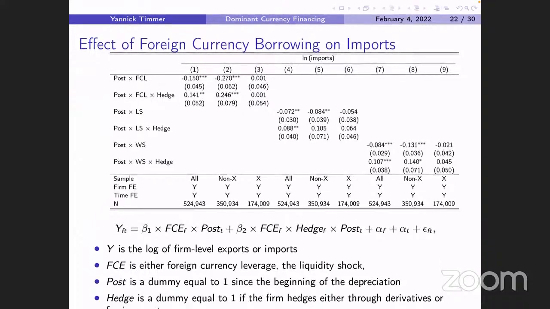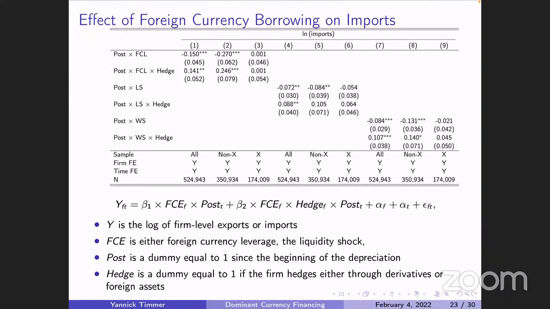So let us start with the derivatives. Here we define a dummy that is equal to 1 if the firm before the depreciation has any FX assets or any FX derivatives.